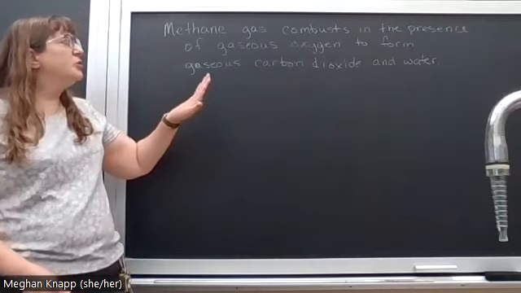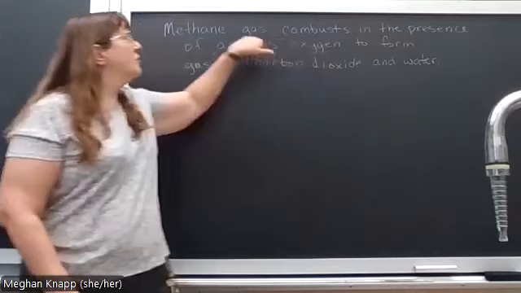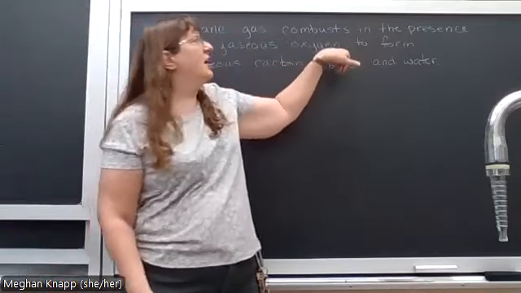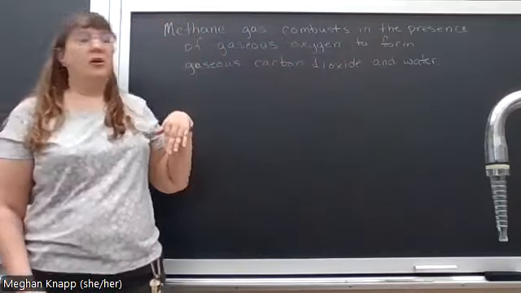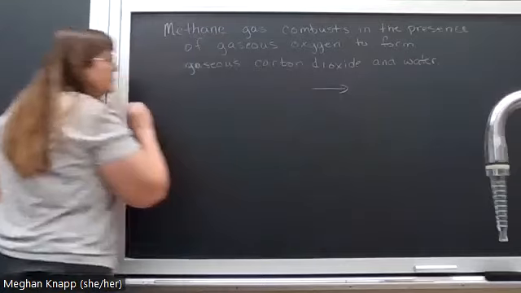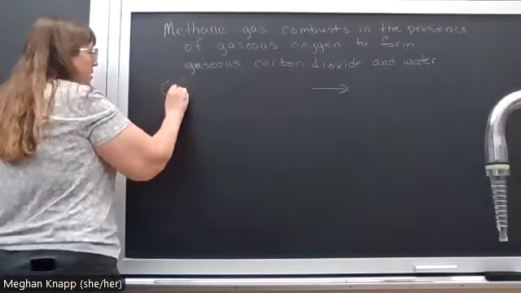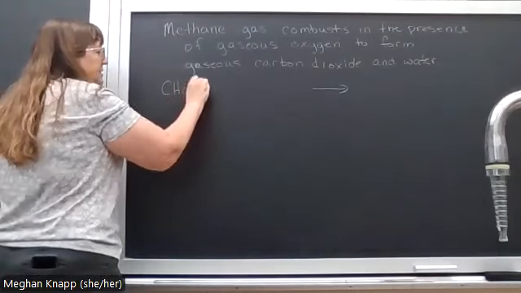Now this one's a little bit tricky because I say it combusts in the presence of. So methane is in the presence of oxygen, and that comes before the arrow. So what symbol am I going to use for methane? CH4, and that's a gas.